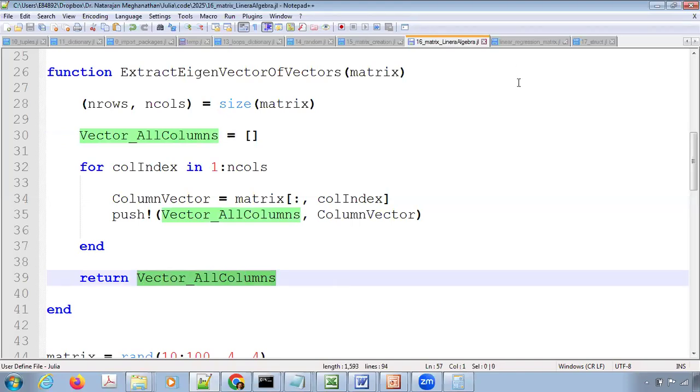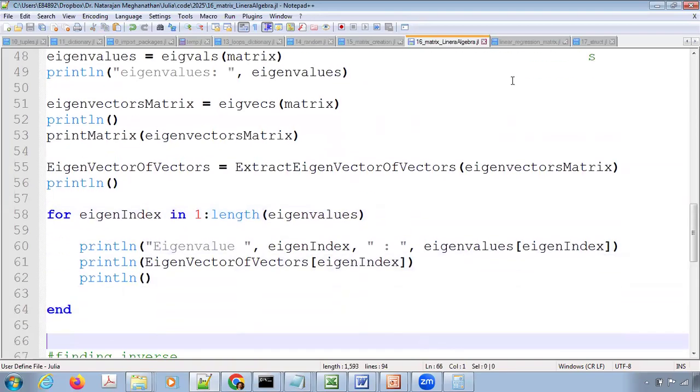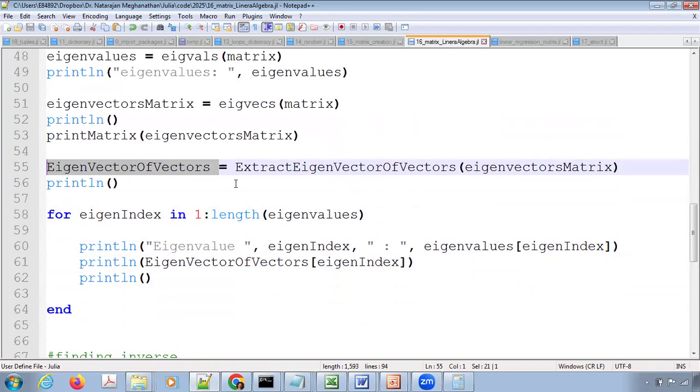So if you print now this vector of all columns, that's what this is going to store. So eigenvector of vectors is going to be a vector of all columns. And now you can print each such column vector. So we're going to print it along with the corresponding eigenvalue. So again, the number of eigenvalues will be equal to the number of such columns you have in this column vector, which is eigenvector of vectors.